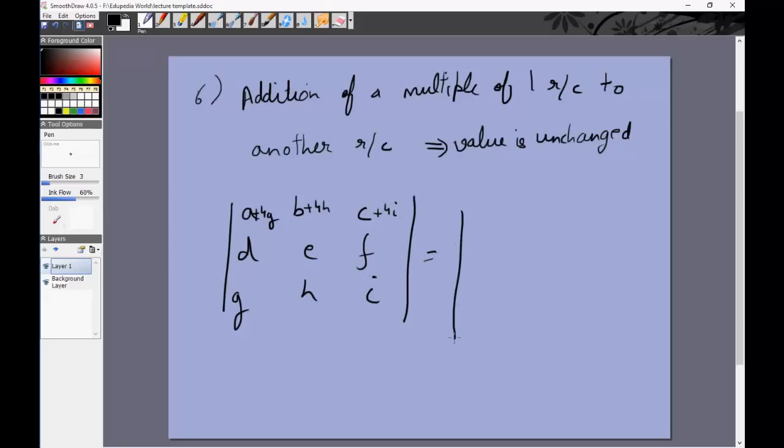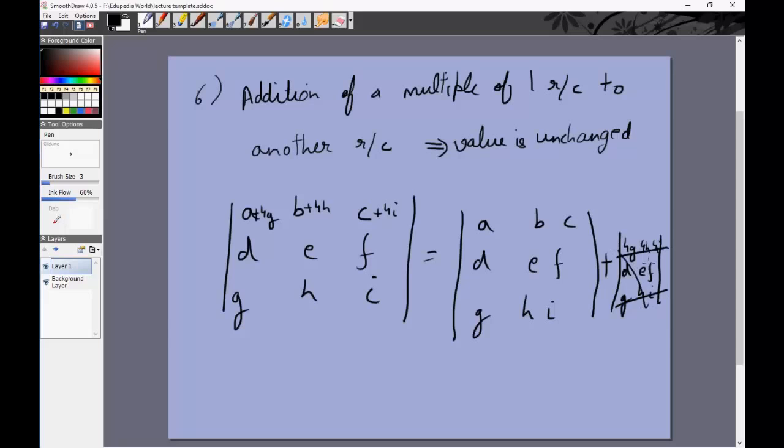So you can actually write this as A, B, C, D, E, F, G, H, I plus another matrix 4G, 4H, 4I, D, E, F, G, H, I. Right, because A times E, F, H, I, 4G times E, F, H, I will be A plus 4G times E, F, H, I. So you can work this out on your own. You can see that this result indeed does hold. And we know that if you have 2 proportional rows or proportional columns, the value is 0. So in this case, the value is unchanged.